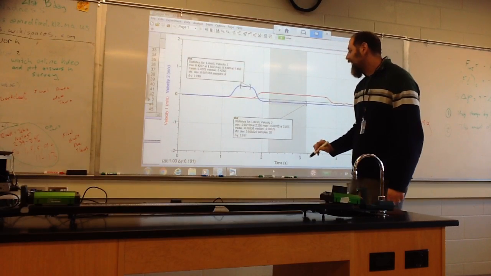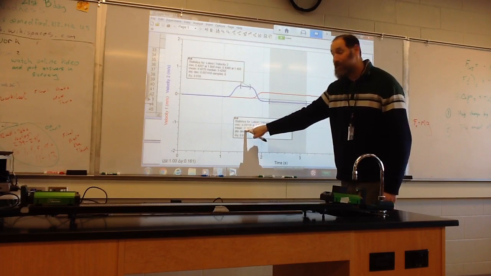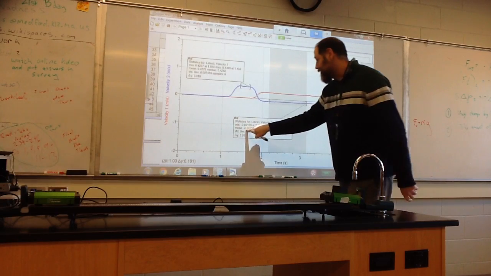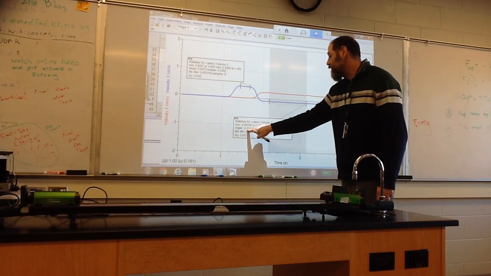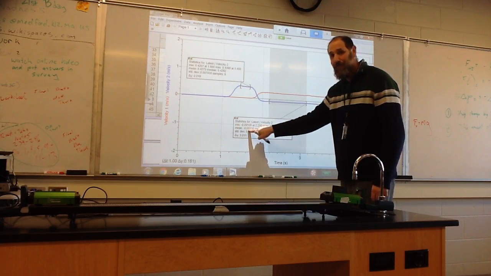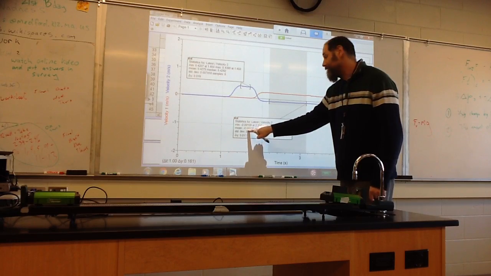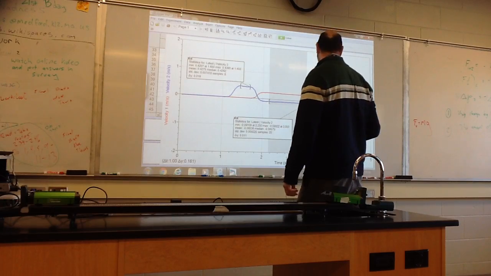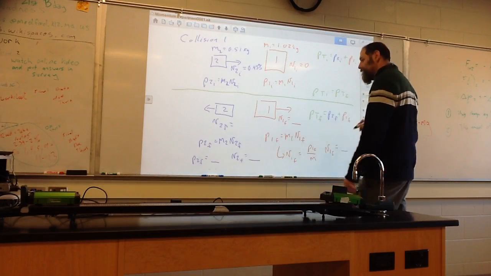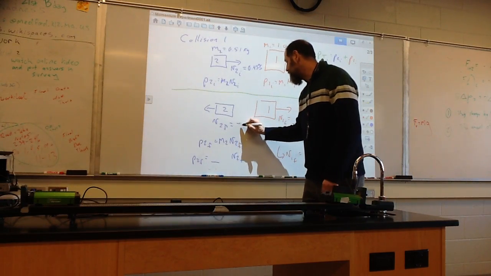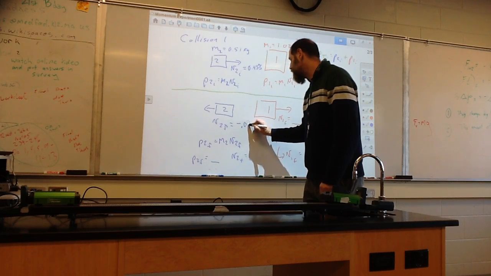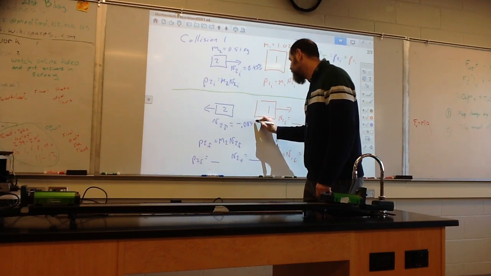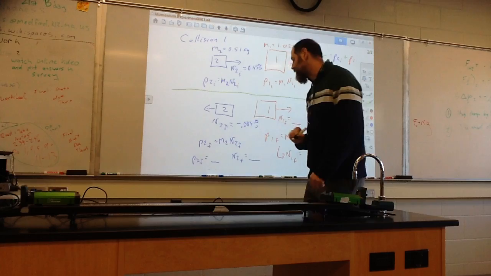And here we go, the average for velocity 2. That's this piece here. I don't know if you can read it, but it's negative, which should make sense, it's going the opposite direction, 0.085, okay? 0.085, negative. So let me put that in there. Negative 0.085 meters per second, okay?